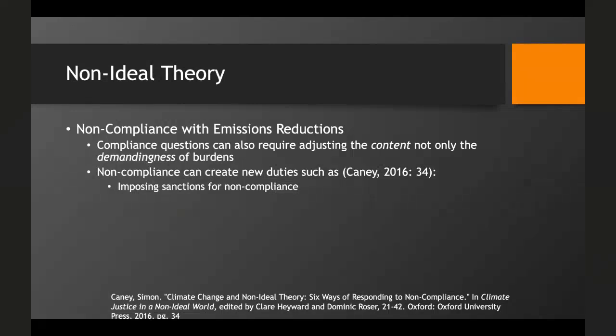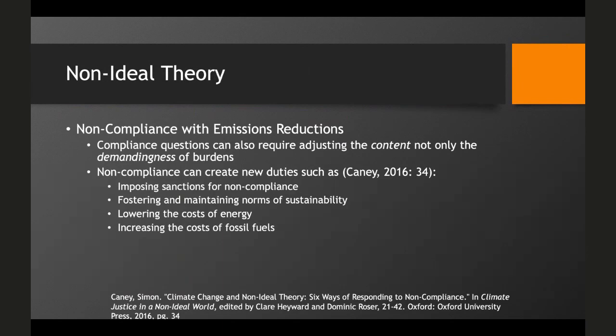These can be imposing sanctions for non-compliance, such as fines or penalties, fostering or maintaining norms of sustainability in our households and communities, lowering the cost of energy to incentivize people to use renewables, increasing the cost of fossil fuels, again, to incentivize people to burn fewer fossil fuels, improving infrastructure in order to reduce the greenhouse gas intensity of infrastructure, or acts of civil disobedience to try to force governments and corporations to comply with standards of justice. So again, these are all going to create additional burdens on people who are already acting justly.